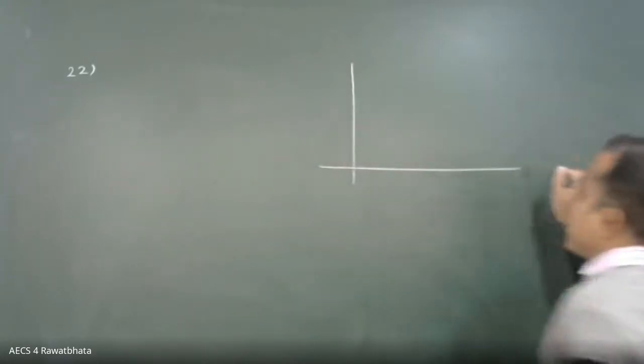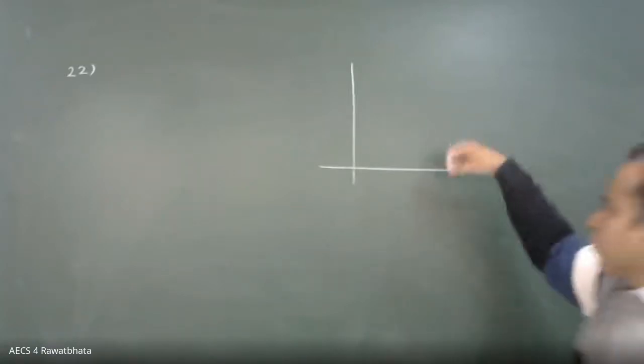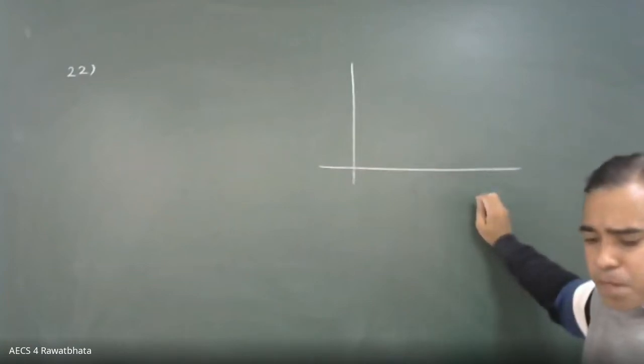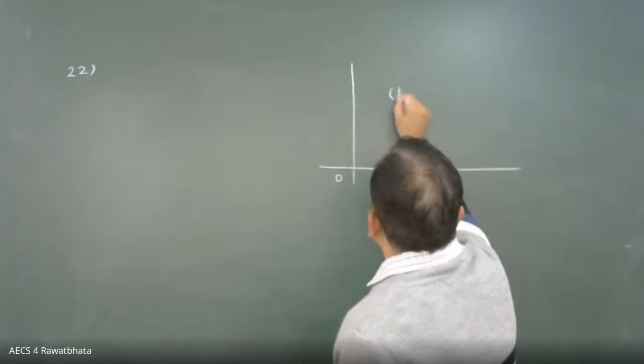So one ray is coming, and it passes through which point while incident? It comes from which point, Jyoti? 1, 2. Any name given? No name. Okay.